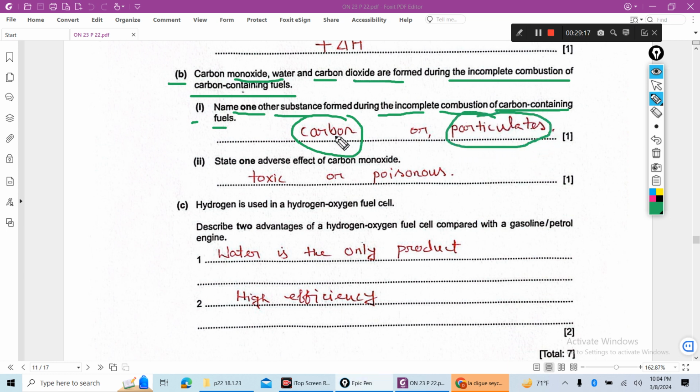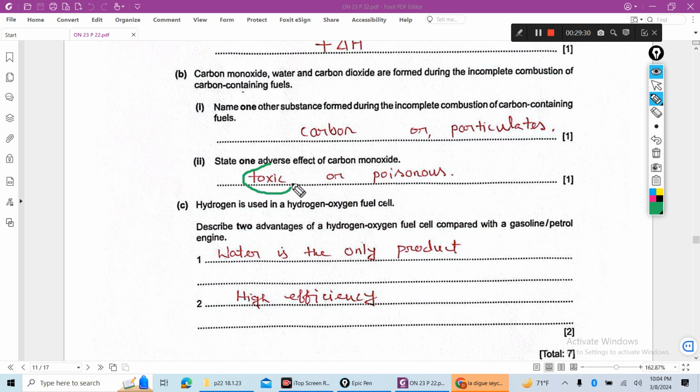You can write carbon or particulates. State one adverse effect of carbon monoxide: carbon monoxide is a toxic gas, or it is a poisonous gas.